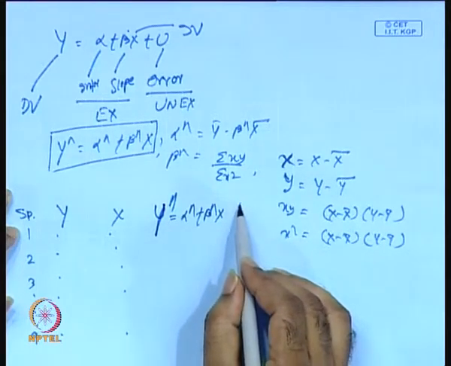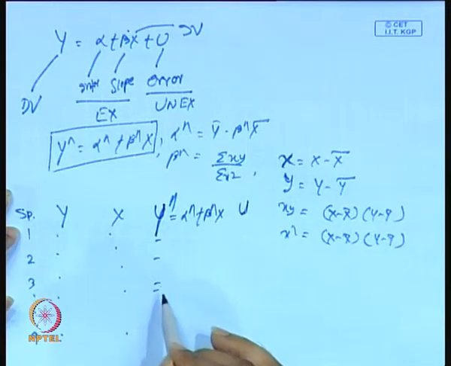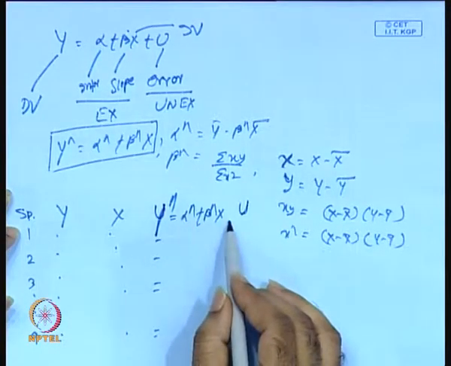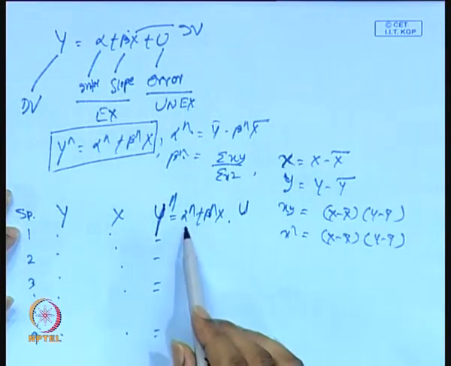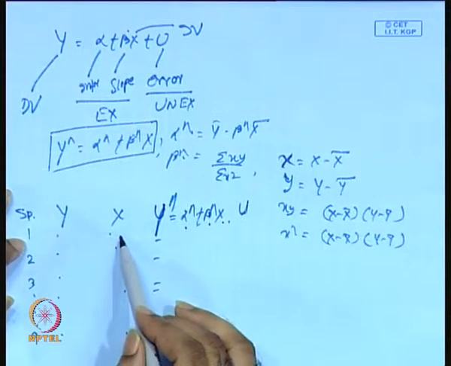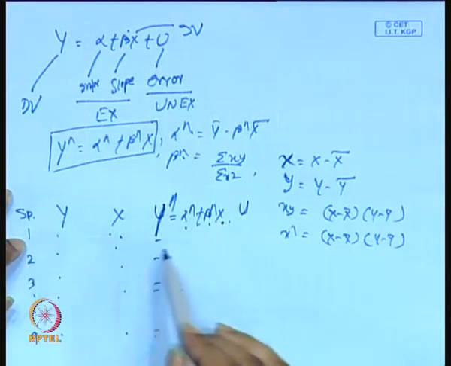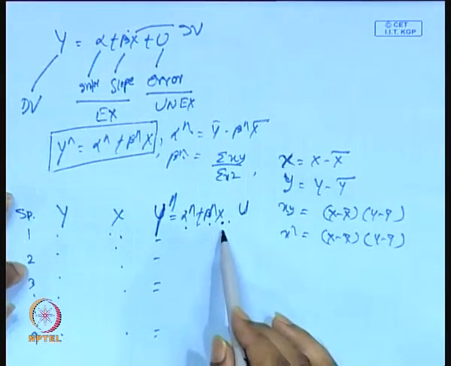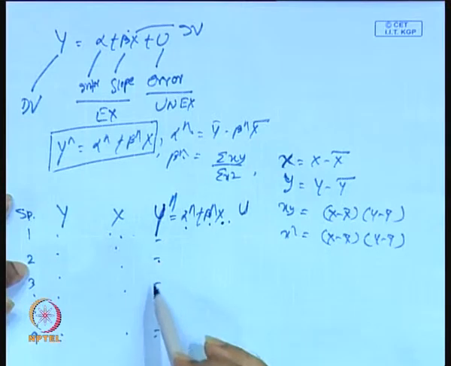Now you will get u here. This is the y hat structure, because y hat equals alpha hat plus beta hat x, with alpha hat here and beta hat here. For every sample, put the x value here and you will get the y hat value. Put x 2 here and we get y 2 hat, and similarly up to y 9 hat.